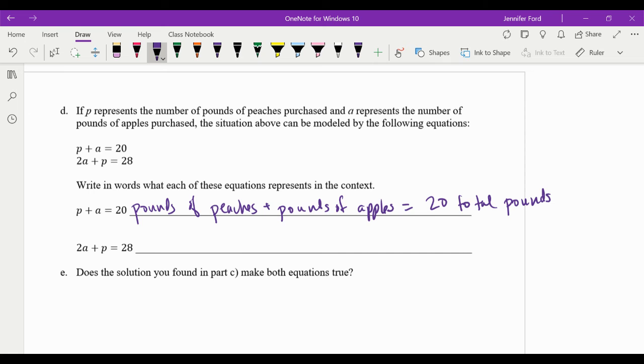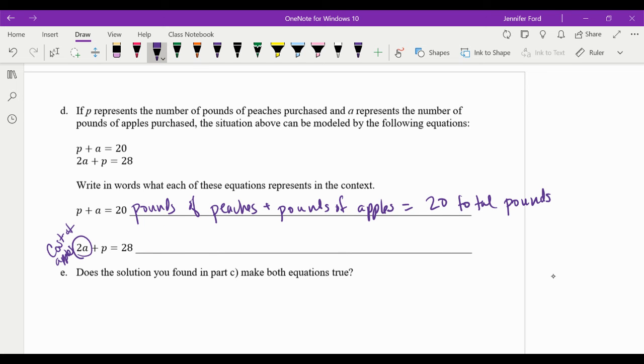So that's my equation that tells me I need 20 pounds of fruit. And then the second equation, 2A plus P is 28. Well, it's really the 2A is the cost of the apples, right? Because each pound of apple costs $2.